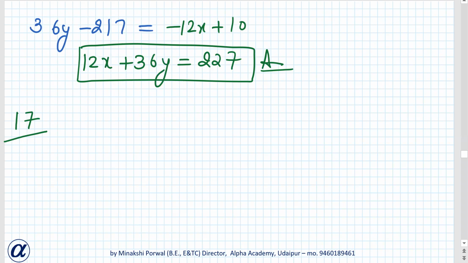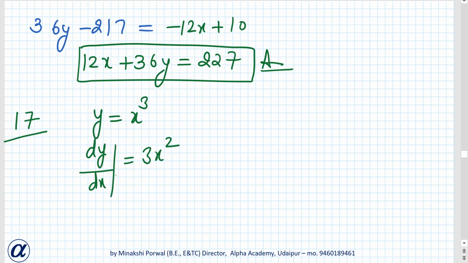Find the points on the curve at which the slope of the tangent is equal to the y coordinate of the point. Okay. So y equals x cube. The slope is dy by dx, that is equal to 3x square. Now the slope of the tangent is equal to the y coordinate of the point.